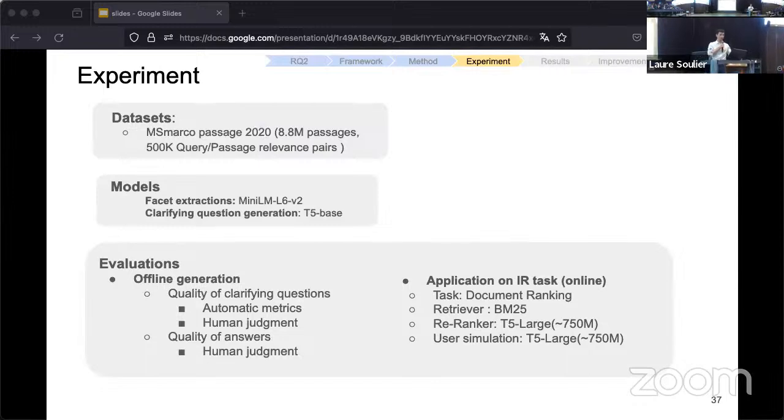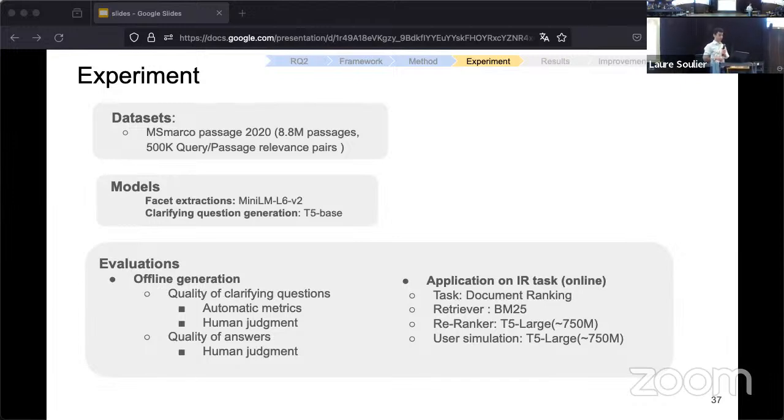For the experiment, we use MS MARCO passage 2020. And for the passage extraction, we rely on the MiniLM model, which basically computes the similarity between words and between passage and word within this passage, and selects the most similar. And for generating clarifying questions, we use the T5 model.